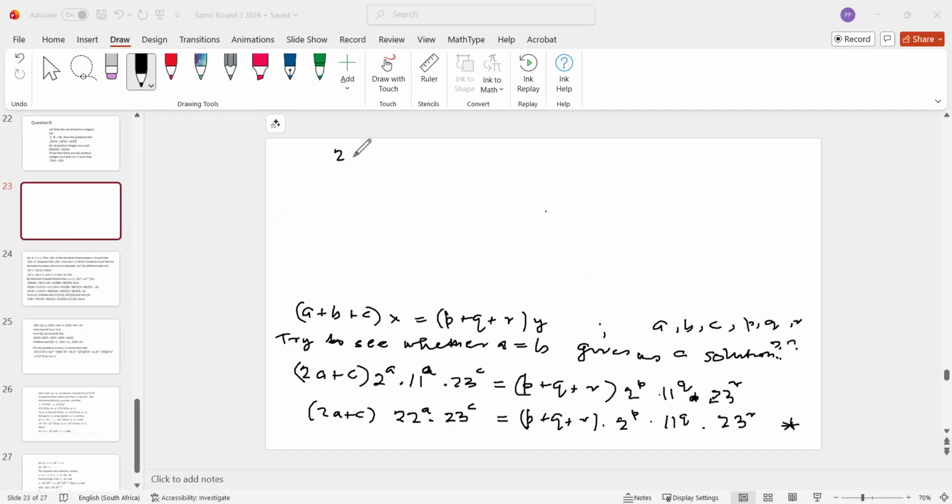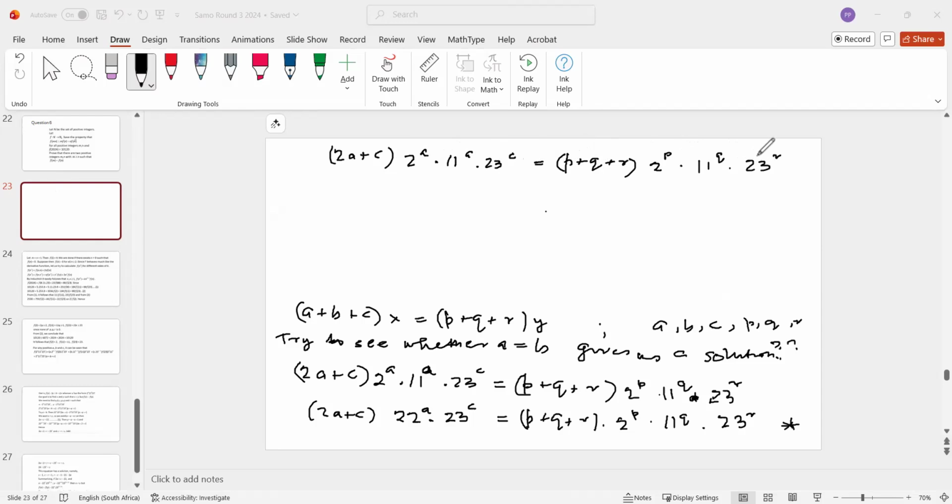I've got 2A plus C times 22 to the power of A. Well, let's make this 2 to the A times 11 to the A. We'll leave this like this: 2 to the A times 11 to the A times 23 to the power of C is equal to P plus Q plus R times 2 to the power of P times 11 to the power of Q times 23 to the power of R.